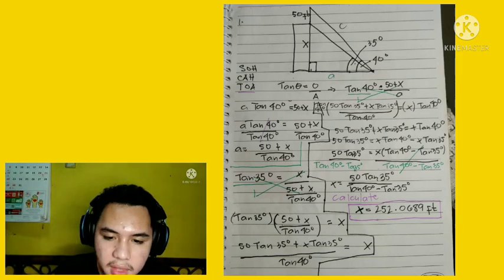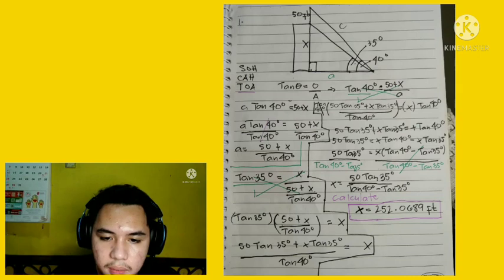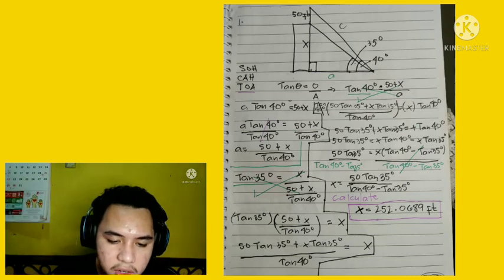And next is our second angle, which is the tangent 35 degrees, is equal to x over a. Because we are using again the TOA, we're gonna use tangent theta is equal to opposite over adjacent. So our opposite now is the x, and our a is equal to 50 plus x over tangent 40 degrees.